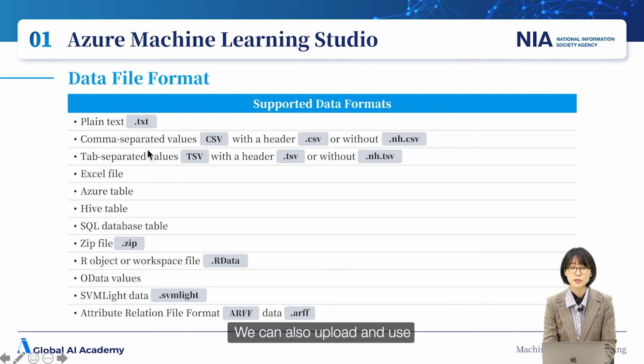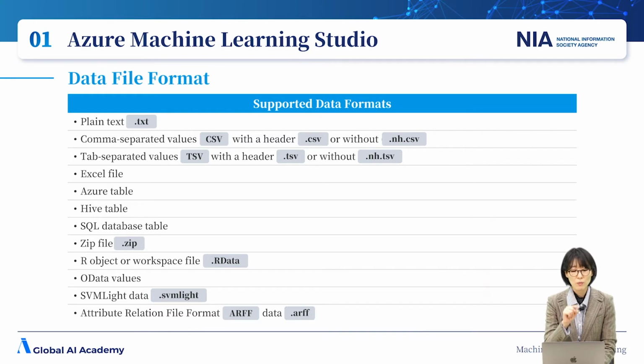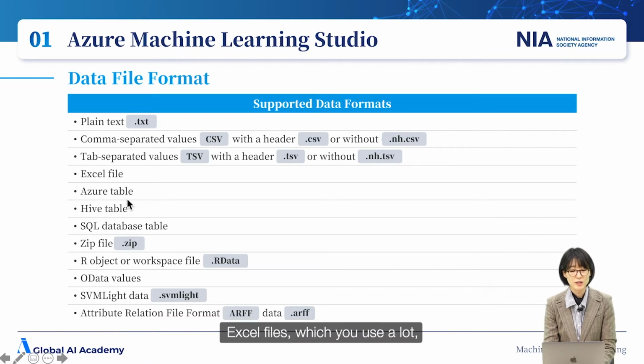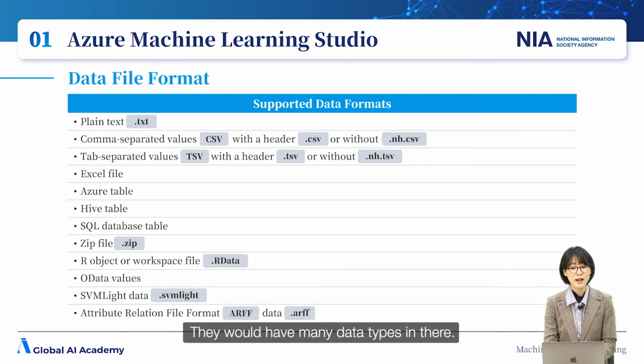We can also upload and use commonly used CSV files with commas, TSV files with tabs, Excel files, which you use a lot, or Azure table that Azure uses, Hive table, SQL, and even compressed zip files. It supports many formats like these. They would have many data types in there.